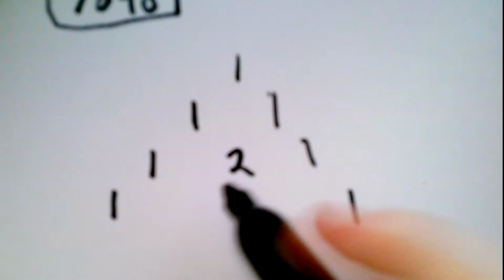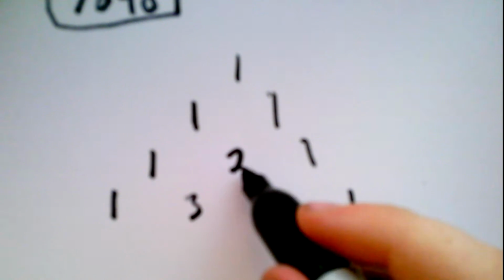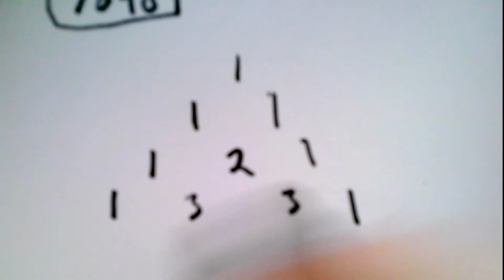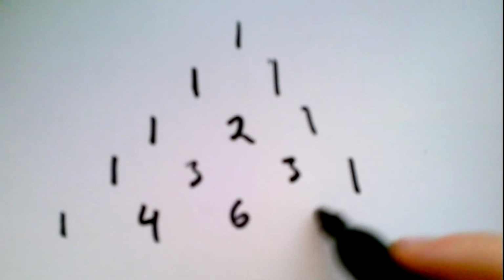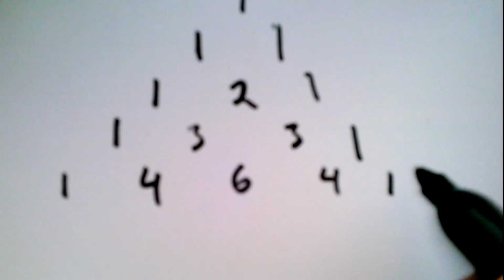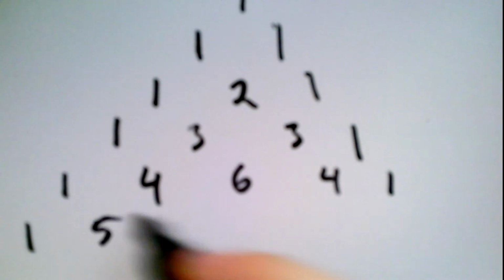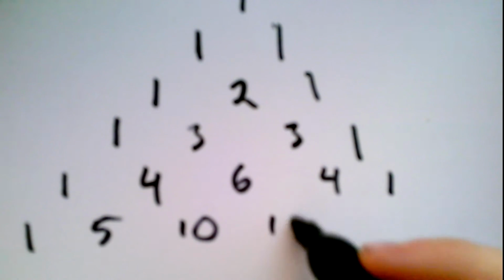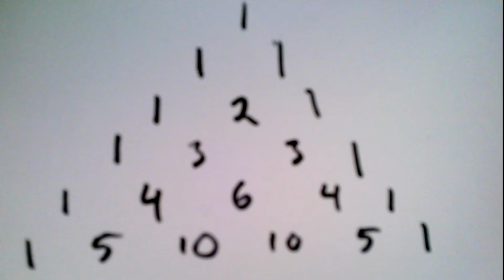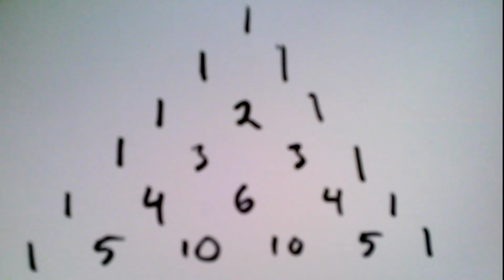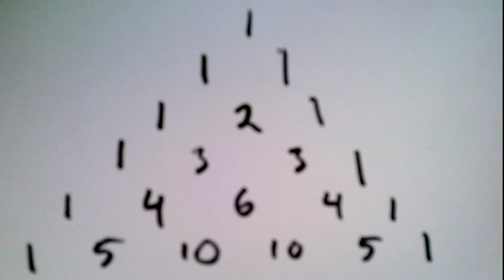2 and 1 make 3. 2 and 1 also make 3 here. Next line is going to be 1, 4, 6. The next line is 1, 5, 10, 10, 5, 1. And while it looks pretty, you might think like, how is this math? Instead of just kind of a design?